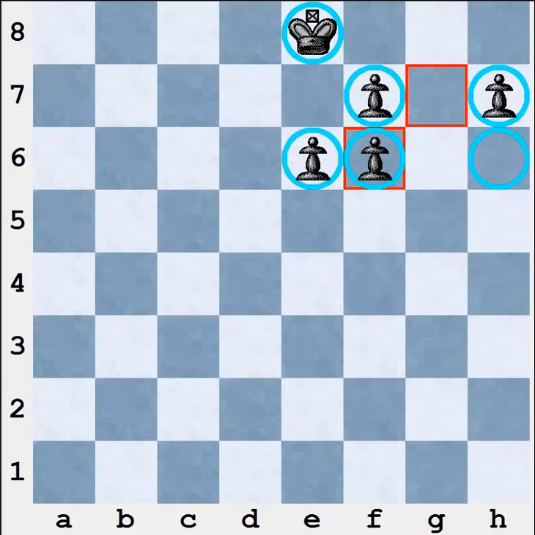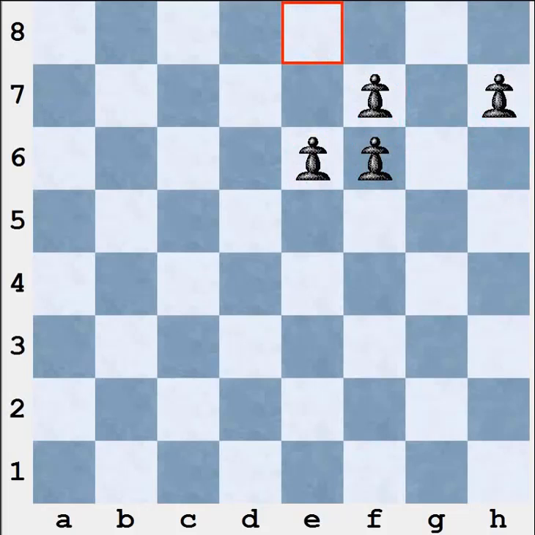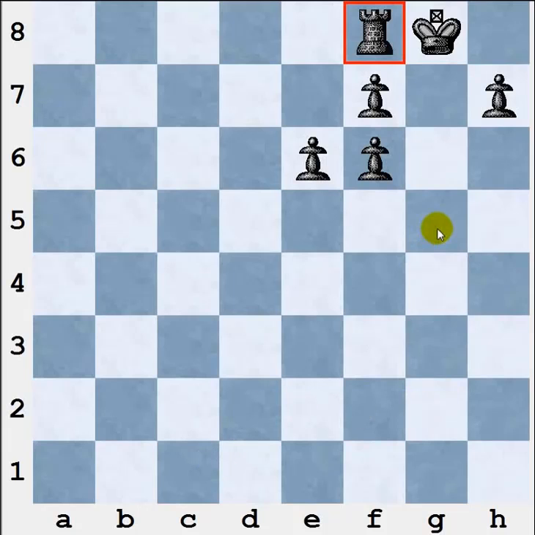Even if black castles, it will look like this, and white will be able to develop a strong attack on the black king. That's why a lot of players, especially amateur players, like the move bishop takes f6 very much. In this lesson I'm going to show you why these ideas are often incorrect.